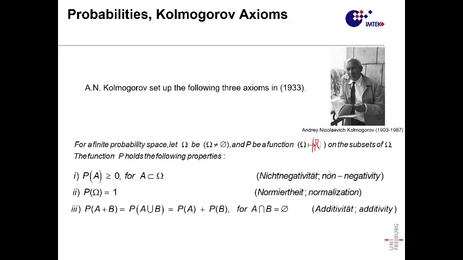And this function P applied to the union of two subsets of omega is equal to the summation of the function applied to each subset independently, if and only if these subsets do not overlap.